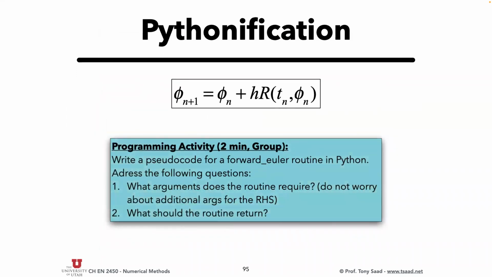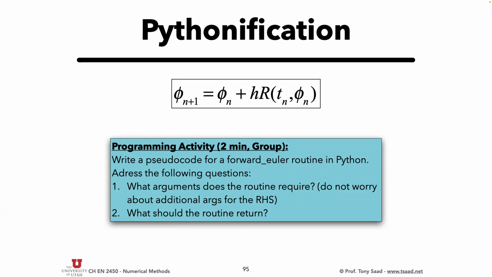I want you to think about a pseudocode for how we would implement the forward Euler routine in Python. Specifically, what arguments does the routine require? Don't worry about passing additional parameters to the right-hand side.